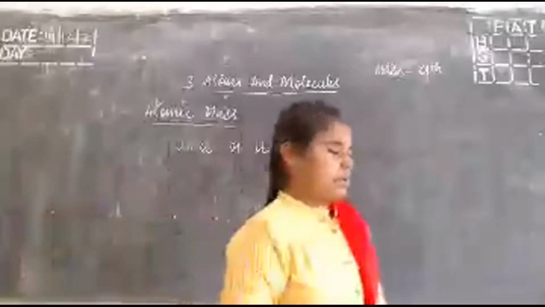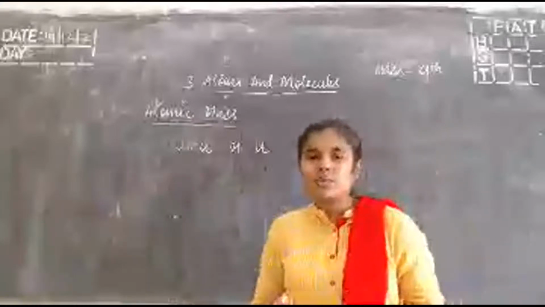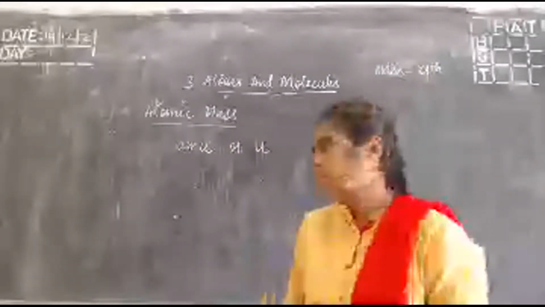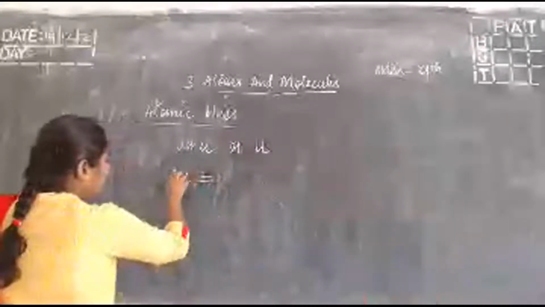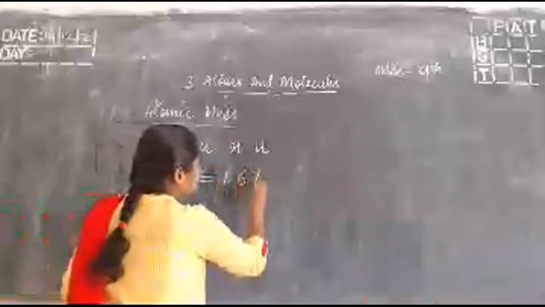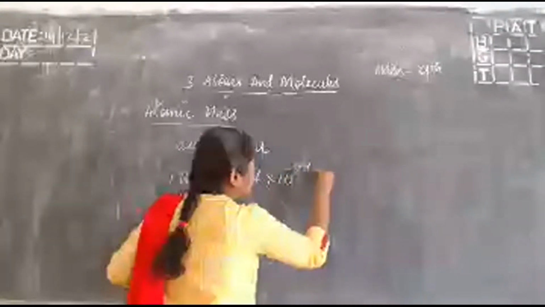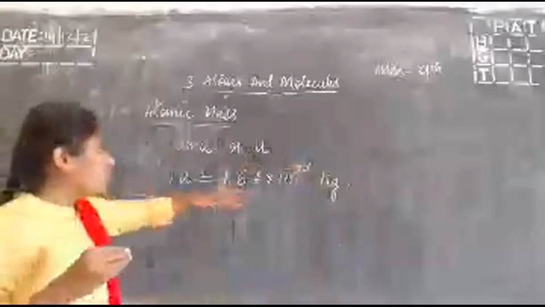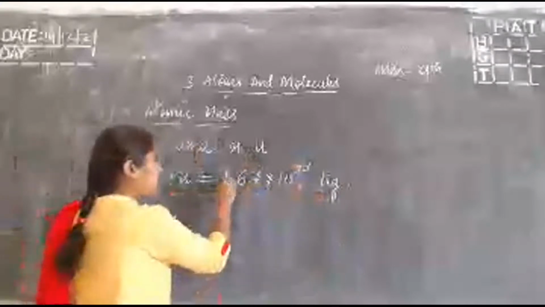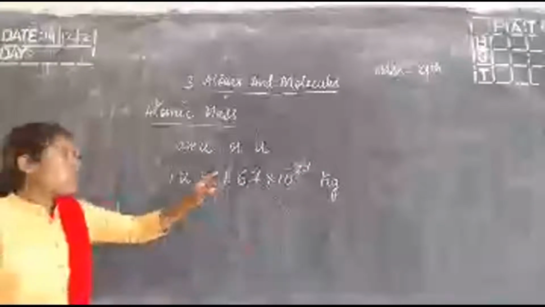Then the question was what would be the equivalent. You would see that 1 U or 1 AMU is equal to 1.67 into 10 raised to minus 27 kg. So if you compare 1 U or 1 AMU with kg, it is almost equivalent to 1.67 into 10 raised to minus 27 kg.